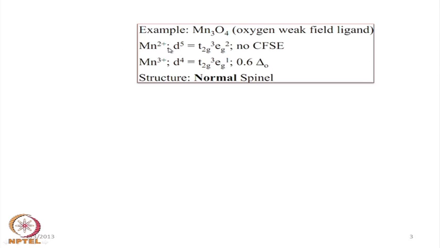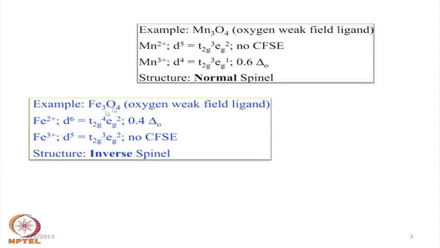So, it is a very simple calculation where we can calculate the corresponding CFSE of the bivalent metal ion in the octahedral field and the trivalent metal ion in the octahedral field. Similarly, for Fe3O4, again with oxygen as a weak field ligand, Fe2+ is a d6 arrangement, t2g4 eg2.